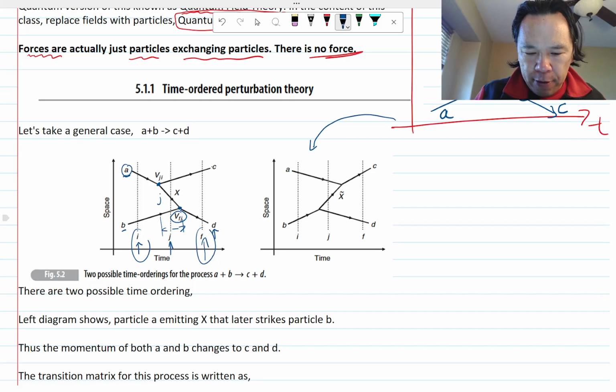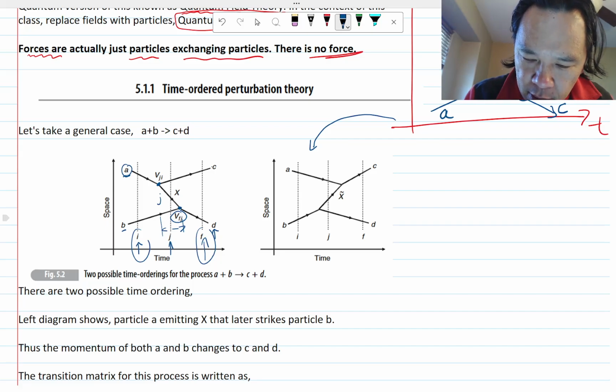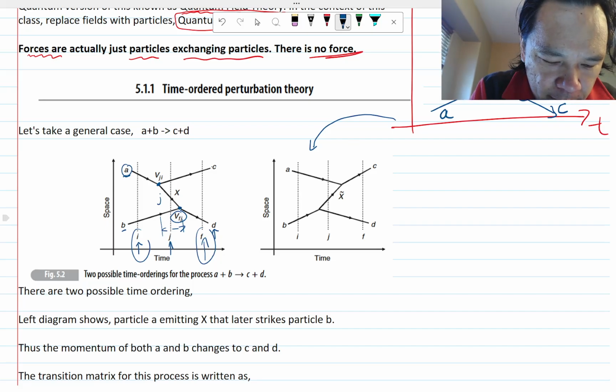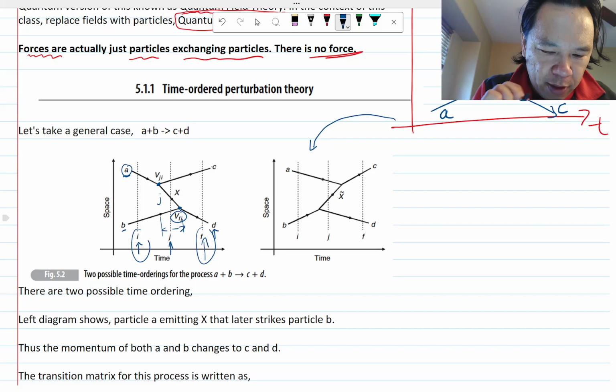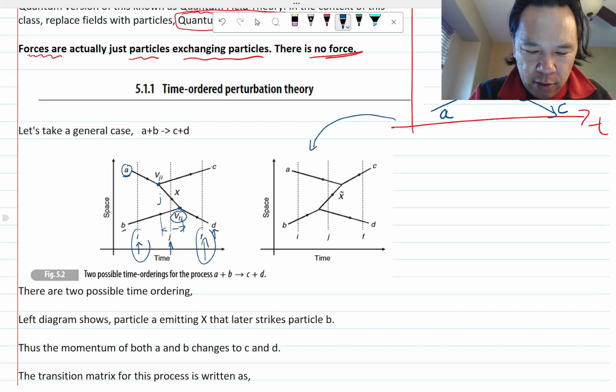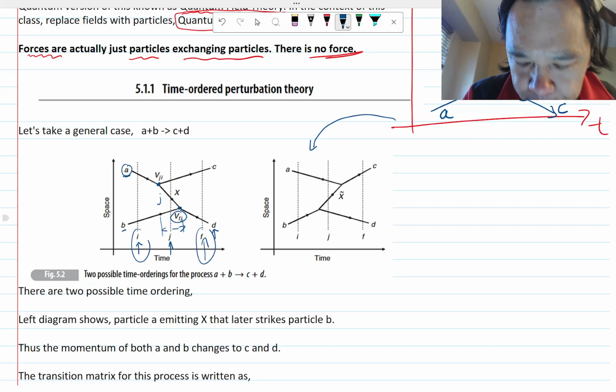Another thing that could happen is that, instead of particle A emitting the photon, we can think about particle B as the one that emitted the photon. Let me just go through this, and we'll see why we cannot tell the difference between the two. Particle B emits the photon, right?